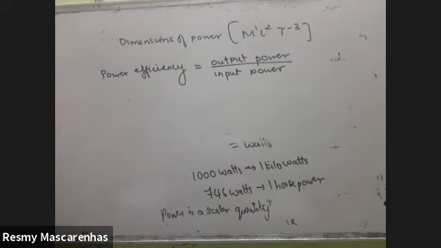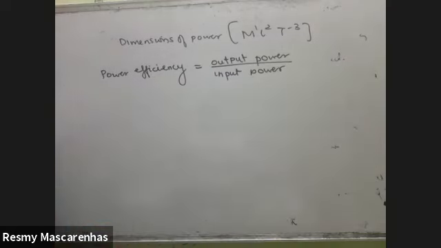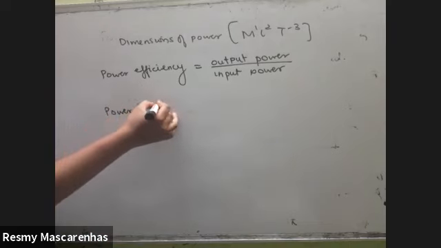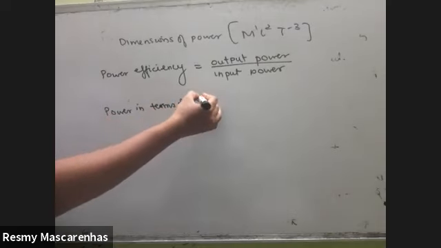In mathematical form, the power formula I just now told you is nothing but work done upon time. Now suppose you want to use it as a dot product or in terms of vectors, power in terms of dot product.